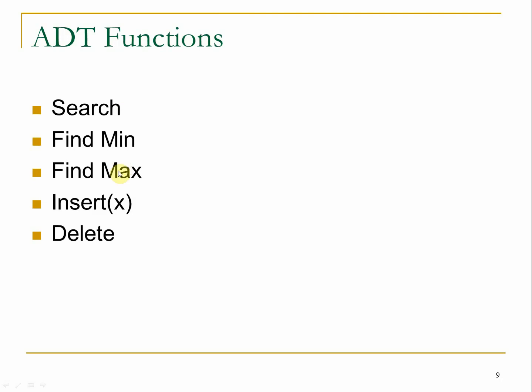While we try to do the insert, we need to insert some items inside of the binary search tree, and delete, indicating that we want to remove some items inside of the binary search tree while we can still maintain the property of the binary search tree. So these are the 5 major functions defined inside of the binary search tree topic.